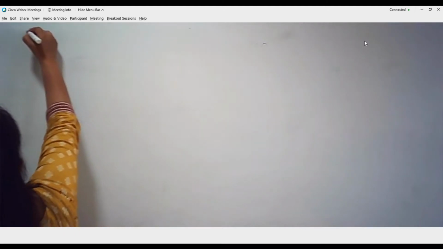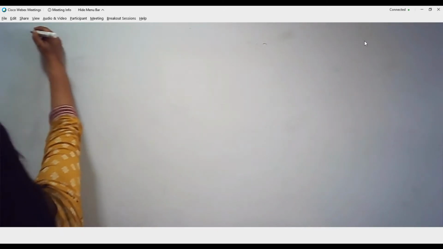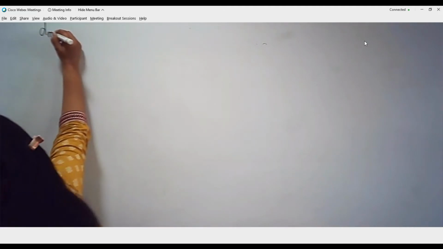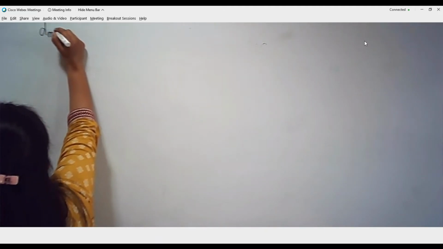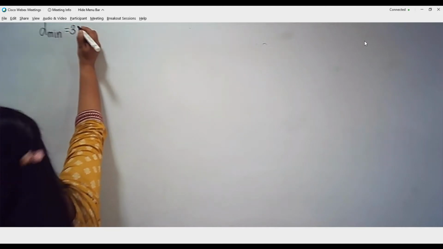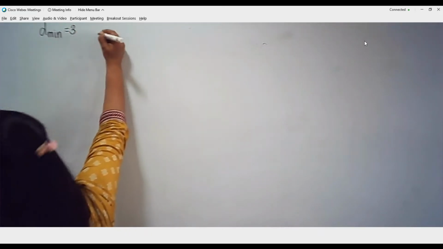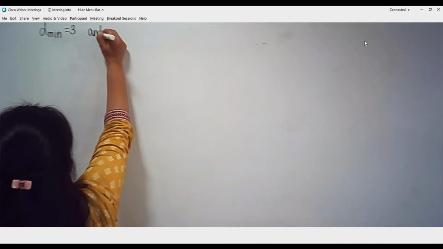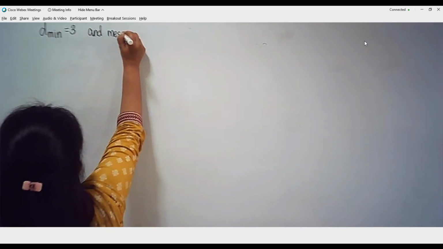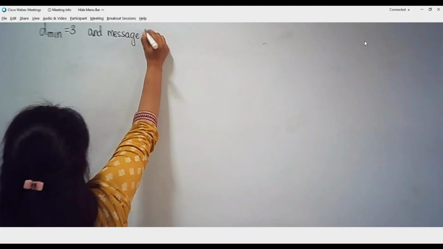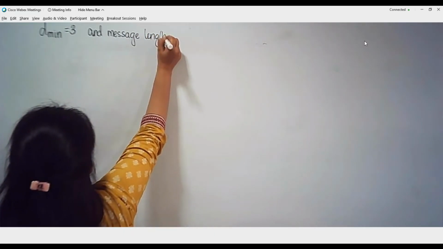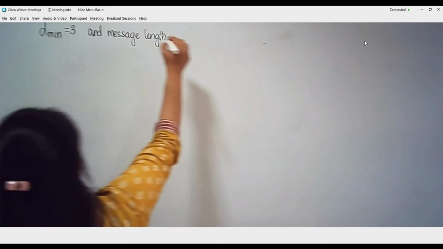Design an (n, k) Hamming code with a minimum distance dmin equal to 3 and a message length of 4 bits.